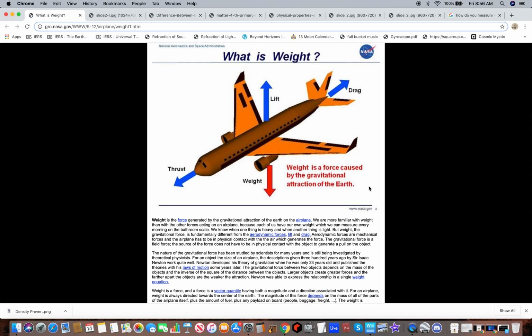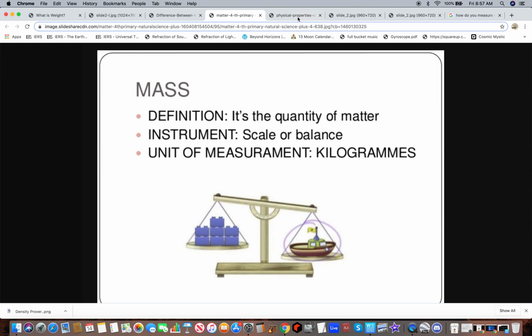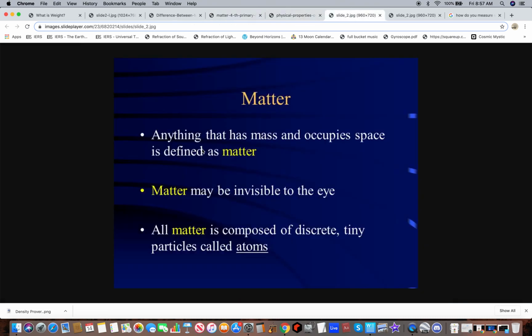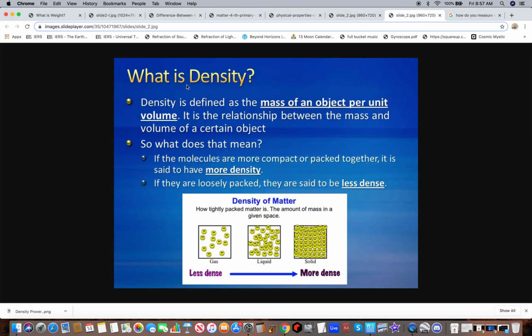So everything, mass is part of everything except for weight. Mass, the one thing that's separate from mass, is weight. So mass is involved in everything except for weight. So mass can be involved in matter, volume, density.